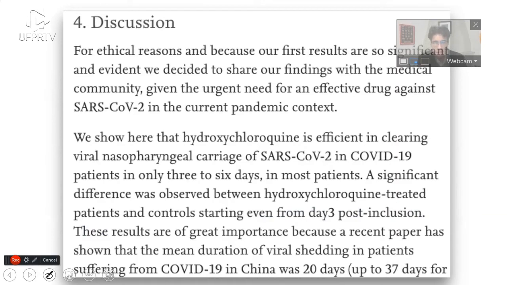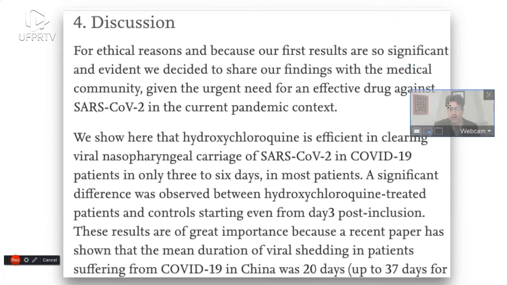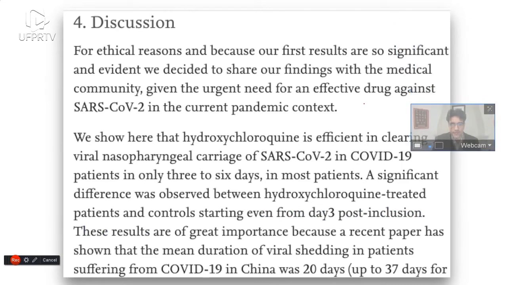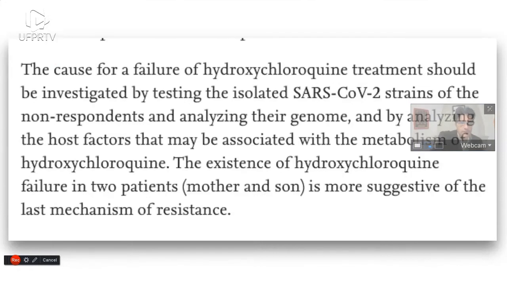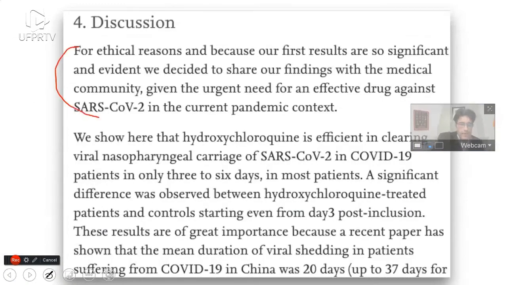Instead, in the discussion section of the published version of that article, look at the tone that the authors set. They say here in the discussion, for ethical reasons, and because our results are so significant and evident, we decided to share our findings with the medical community, given the urgent need for an effective drug against SARS-CoV-2 in the current pandemic context.